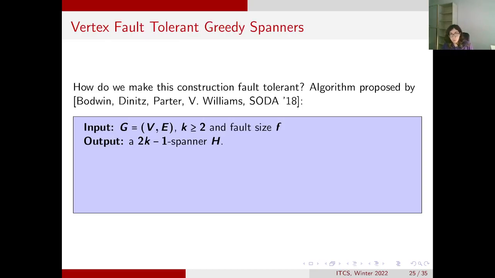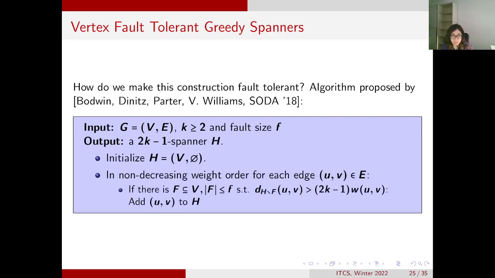But let me go to the faulty setting, and let's see how we can change the algorithm to make it fault tolerant. This algorithm was first proposed by Bodwin et al. at SODA 2018, and it's the same as the algorithm described. We again process the edges in non-decreasing weight order, but the difference is that when we consider an edge UV, we need to check if there's any fault set F of size at most f that basically forces us to add this edge.